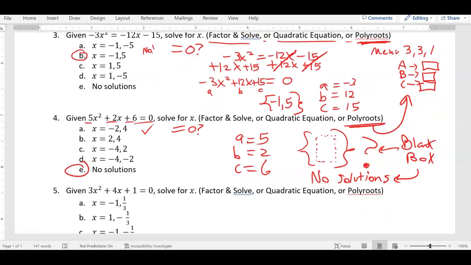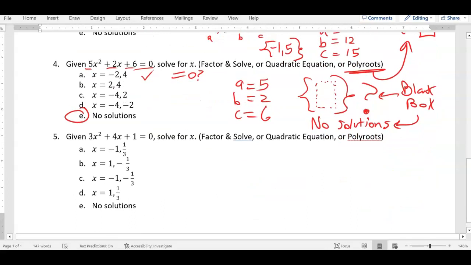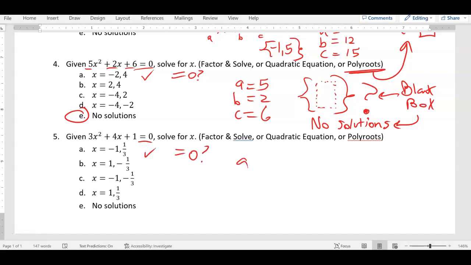Cool. All right. Last one. Is this equal to 0? It is. So I need A, B, and C. A is 3, B is 4, C is 1.